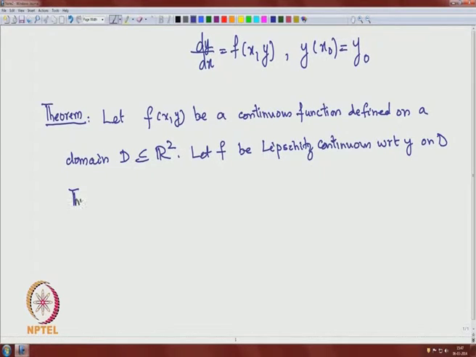Then, of course, with other conditions like (x0, y0) is an interior point of D, there exists a unique solution to the initial value problem.